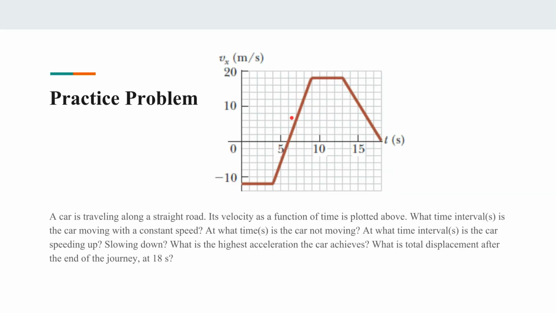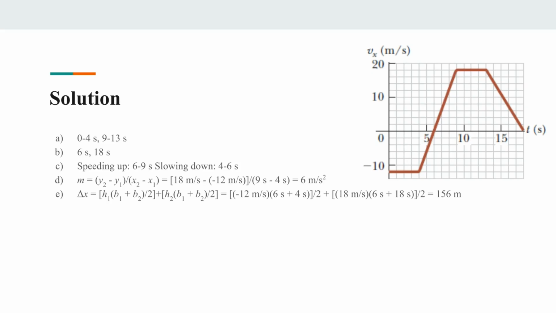Part B, at what time is the car not moving? Now remember, this is a velocity-time graph, not a position-time graph. So the 0 slope thing doesn't really do anything. That just tells you whether the car is moving at a constant speed. It doesn't tell you whether it's not moving. However, you can find out whether it's not moving. How?